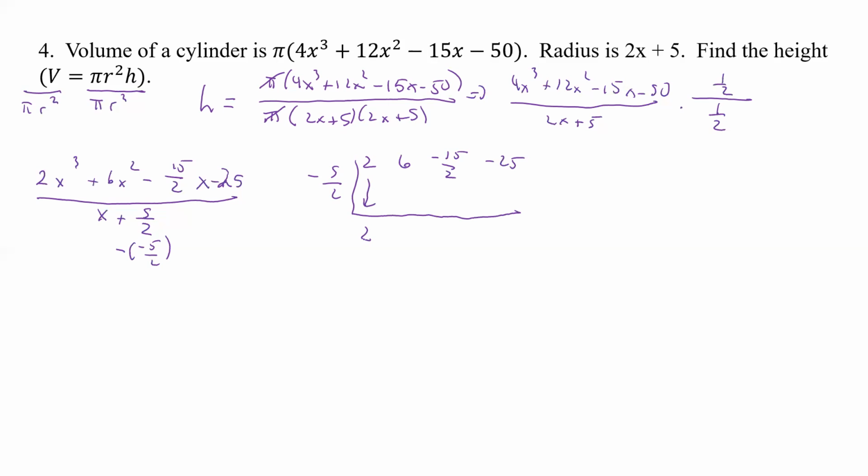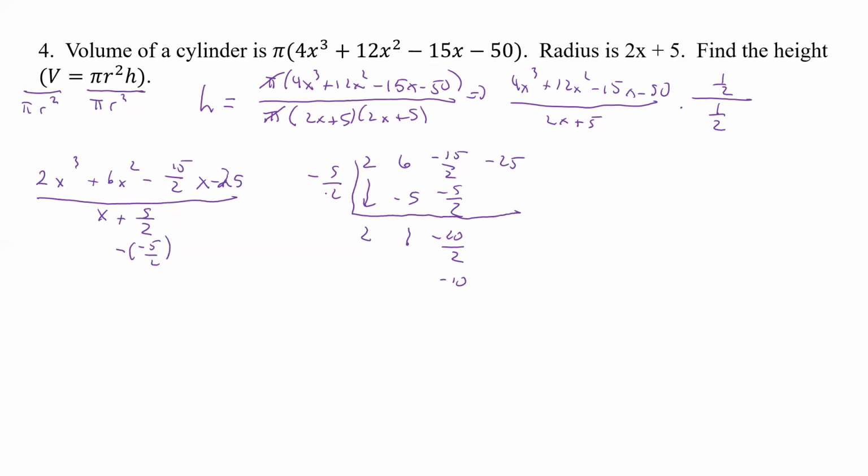Negative 5 halves times 2 is going to be a negative 5. 6 minus 5 is 1. That's going to give me a negative 5 over 2. So 15 over 2 plus 5 is 20 over 2, so it's going to be a minus 20 over 2, and that's going to give us basically a minus 10. That makes it easier, I guess.